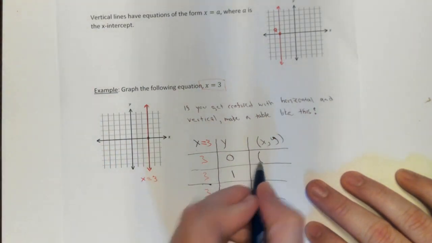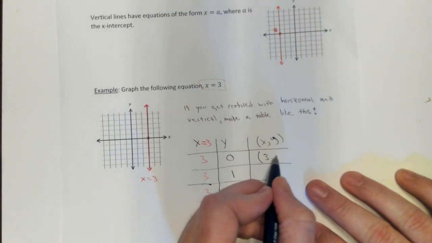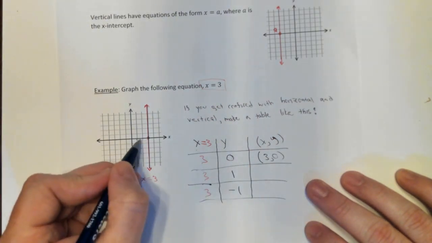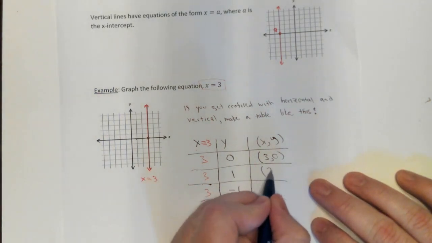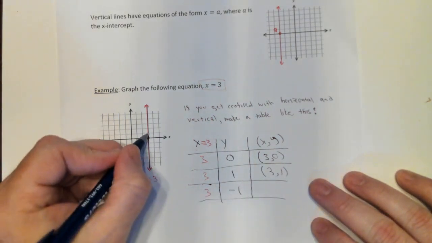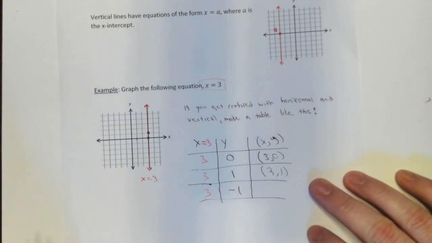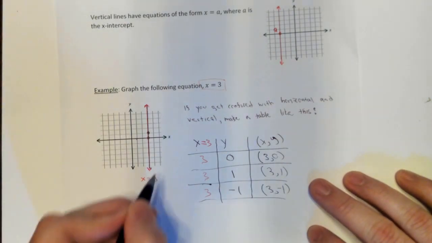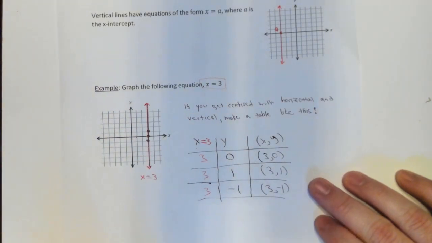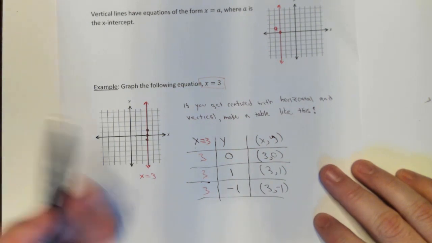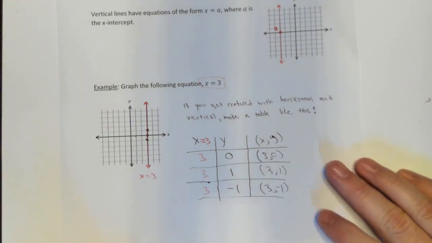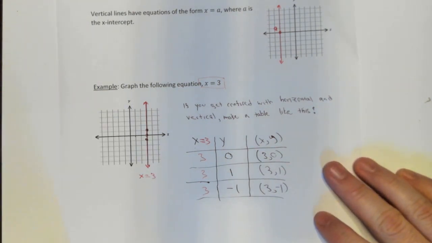So 3, 0 is a point. 1, 2, 3, that's right there. I'd already plotted that one. 3, 1 is right here. And 3, minus 1 is right here. When you plot these online, you only need to plot 2 points, and it'll graph the line for you. But you could choose any point.